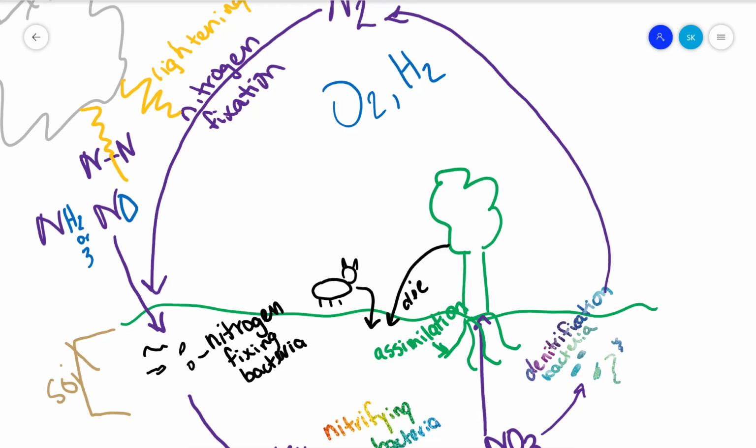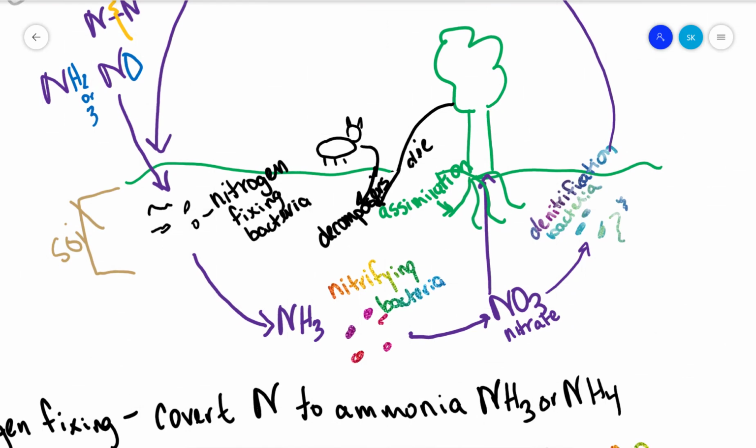We have a special bacteria as well, our decomposers, which we learned about in our food chain, that are going to break down these animals and their waste into ammonia, and then that ammonia is going to be sent to these nitrifying bacteria.